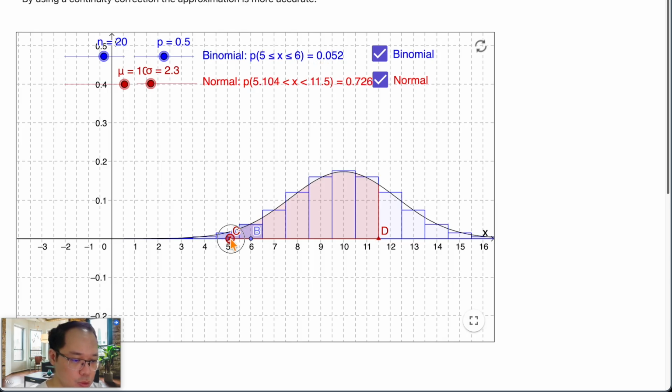I will choose the normal distribution here, with the continuity correction, 4.5 for the lower bound and 6.5 for the upper bound. Now the probability of the normal distribution covering the values from 4.5 to 6.5 is 0.056, which is very close to 0.052.